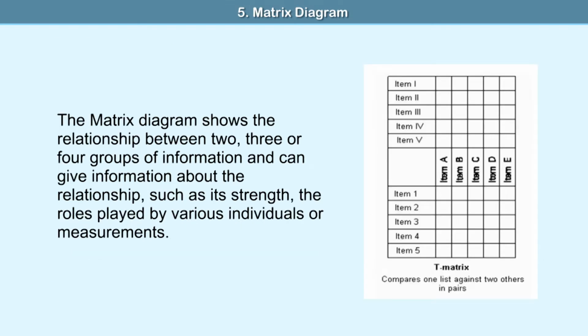The next tool under study is matrix diagram. It shows the relationship between 2, 3 or 4 groups of information and can give information about the relationship such as its strength, the roles played by various individuals or measurements.